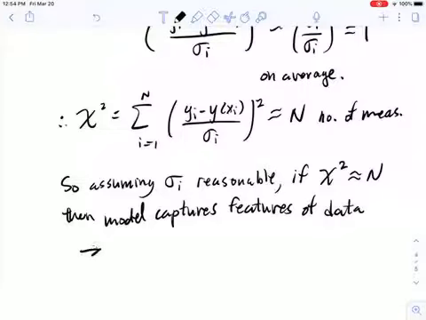And in that sense, we can use chi-squared as a goodness of fit parameter.